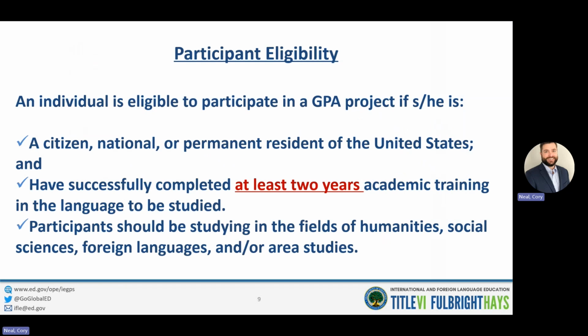For participant eligibility, an individual is eligible to participate in a GPA long-term project if he or she is a citizen, national, or permanent resident of the United States, and a student who has successfully completed at least 2 years of academic training in the language to be studied. Participants should be studying in the fields of humanities, social sciences, foreign languages, and other area studies.